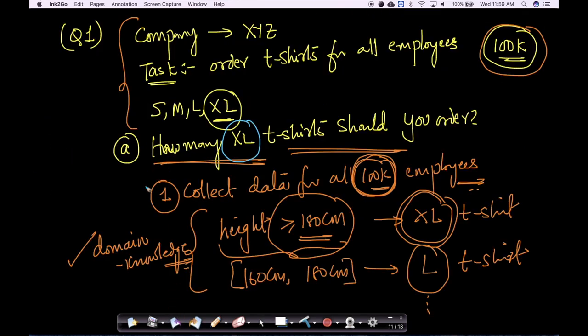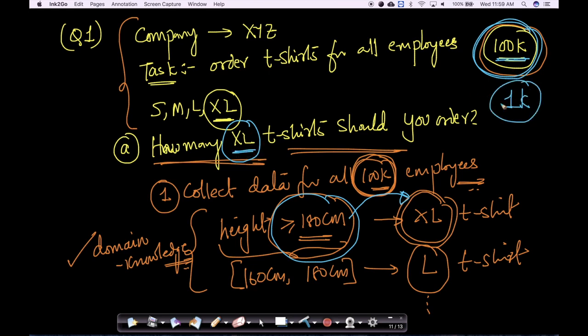Which now means that of the 100,000 employees, 1% will be taller than 180 centimeters, which means 1% of employees would need an XL size t-shirt. So I'll order roughly 1% of this, which is 1K t-shirts as XL t-shirts.